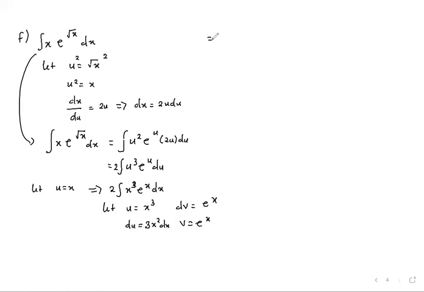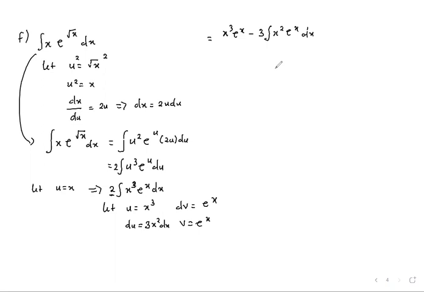Then we combine, we'll have x cubed e^x minus 3, remember, the 2 comes and we get it later, so 3 x squared e^x dx. Yeah, right. So you keep going with the integral.